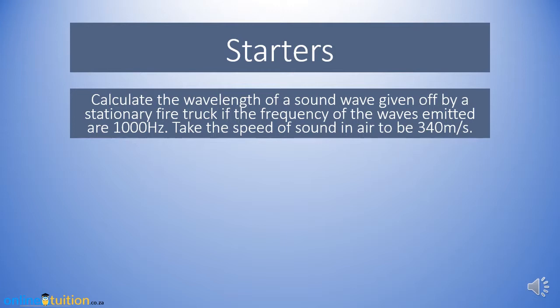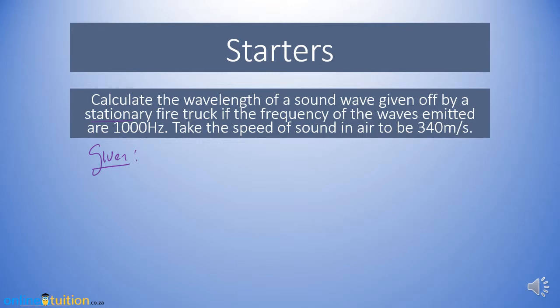If you look very carefully, it'll be nice to write down what's given in the question. So I always like to write down given and identify. Firstly, we know the truck is stationary, so we don't expect any change in frequency or pitch. That's based on the physics.